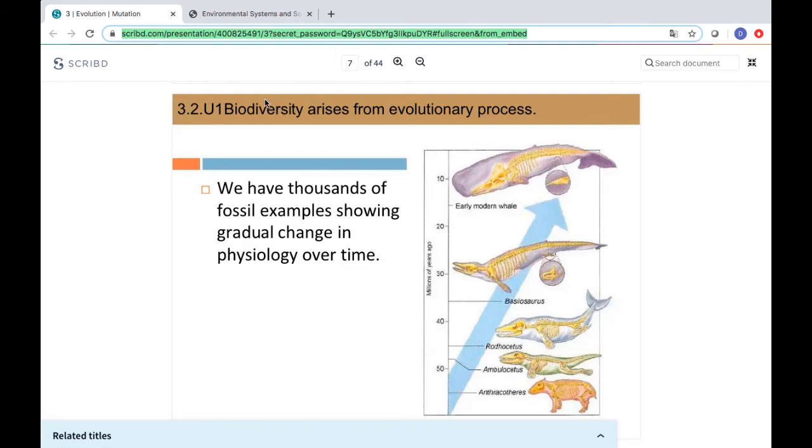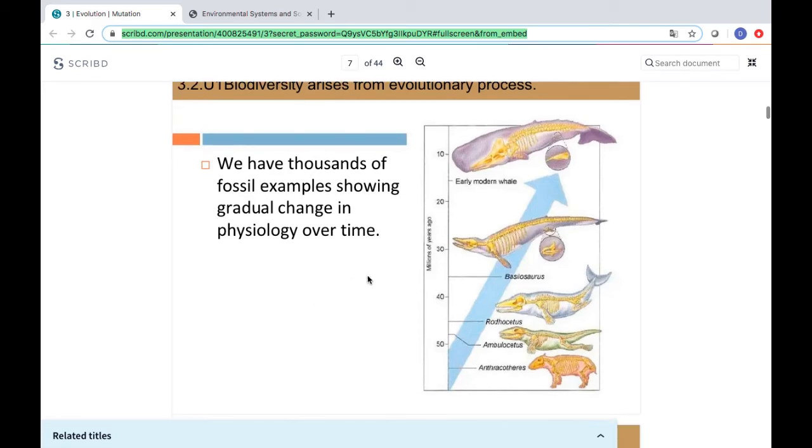So we have this idea: biodiversity arises from evolutionary processes. When we talk about evolutionary processes, we are talking about a whole bunch of processes that led an organism to evolve. For example, we have thousands of fossil examples showing gradual change in physiology over time. Physiology means all the form of the bones, the length of the skeleton; all those are physiology or physical characteristics.